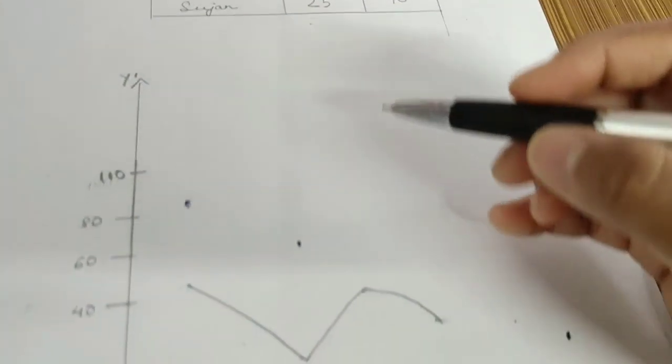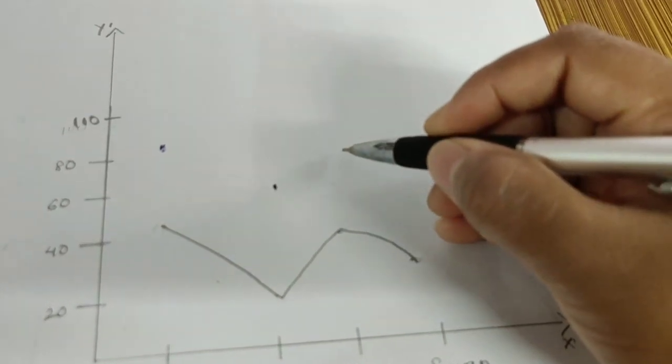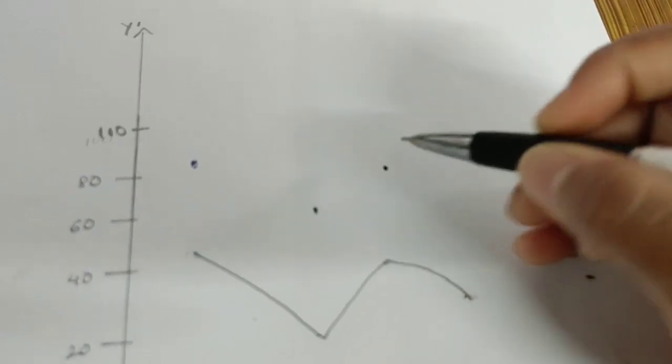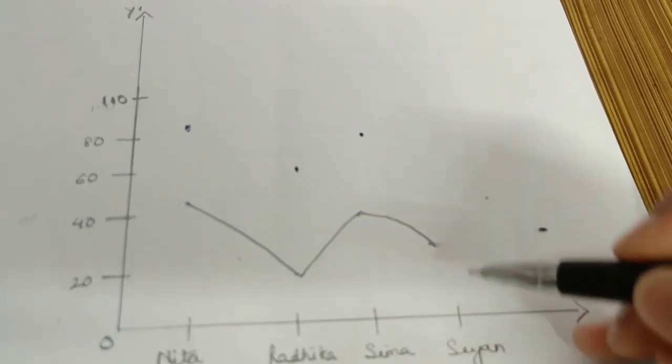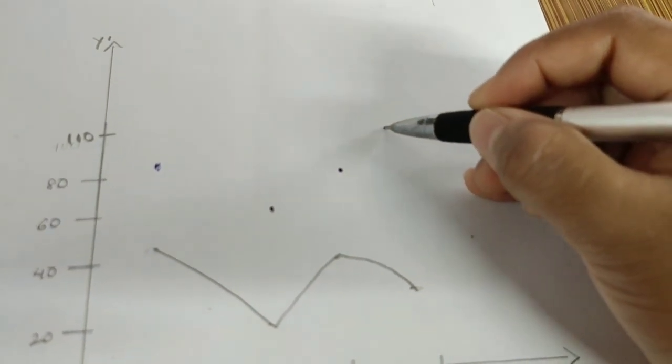Then Seema 80, Seema 80 must be here. Then Sujan 90, this is Sujan, 90 must be here.